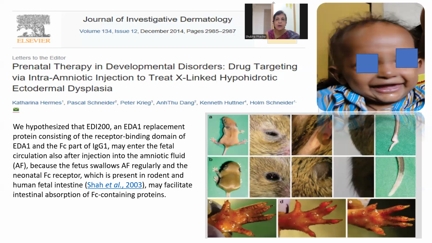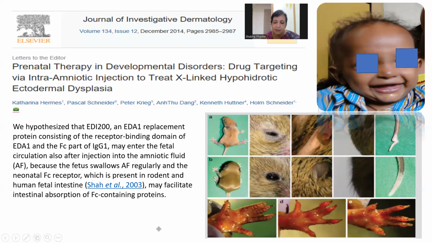For this particular disease, scientists have identified a therapy. They can give the deficient protein in the amniotic cavity. Here you can see a mouse model of this ectodermal dysplasia, and the second mouse was treated by intra-amniotic infusion of the deficient protein, and it has a normal skin coat as well as normal sweat glands.